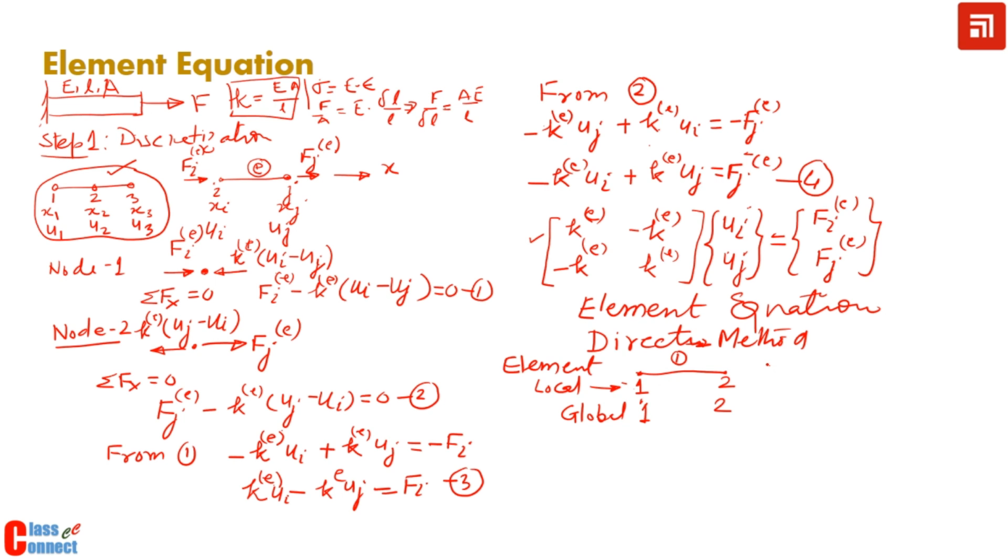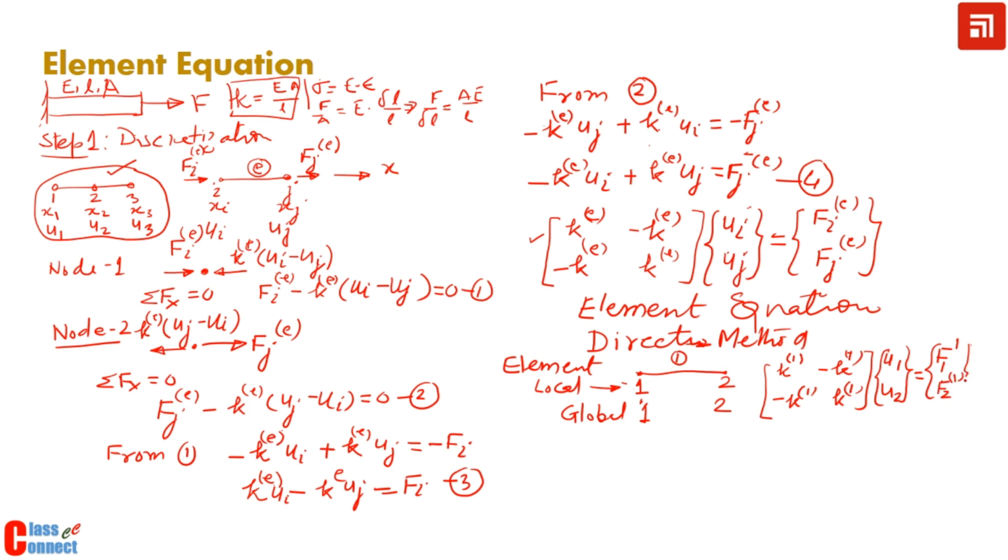How can we write? Let us first write this matrix form. This is k1, because E is equal to 1, minus k1, minus k1 and k1, and here u1, that is the nodal displacement field variable at node number 1, and u2, that is field variable at node number 2, and this is equal to F. I is 1 and E is also 1.